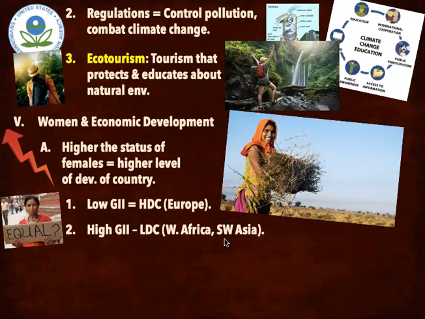And then where we see really high gender inequality index is in a lot of those traditional, lower developed countries that we might find in West Africa and Southwest Asia. And in those countries, whether it's out of tradition, culture, or their legal system, women do not have as many opportunities, right?